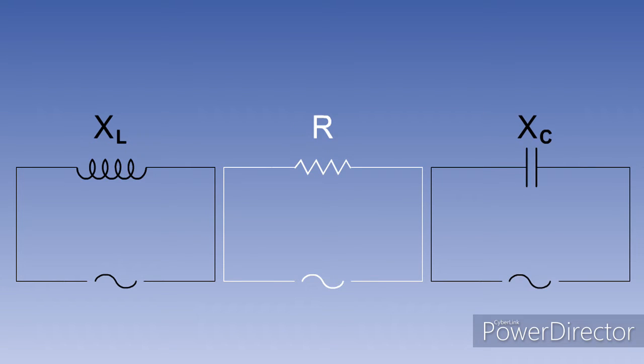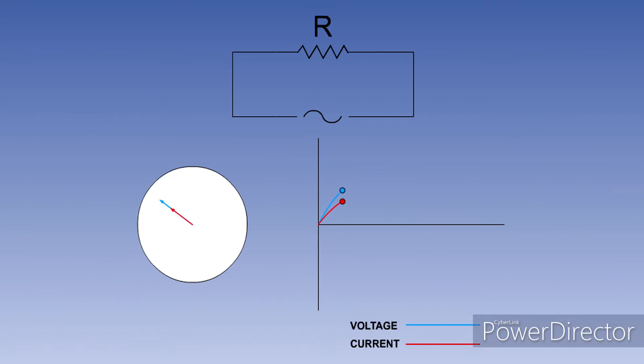Beginning with resistance. In a theoretical AC circuit containing only resistance, the voltage and current are in phase, and Ohm's law applies. Resistance can therefore be calculated using the formula R equals V divided by I.